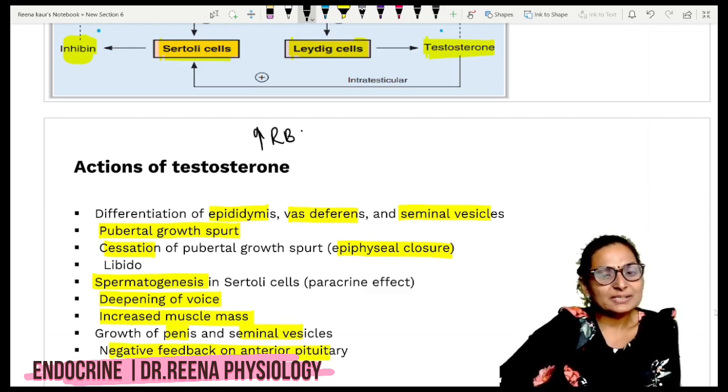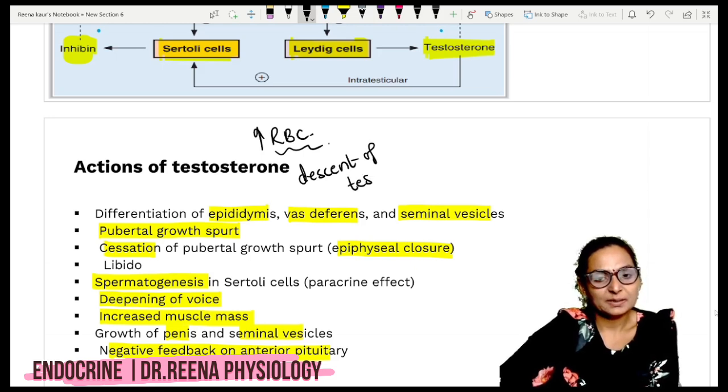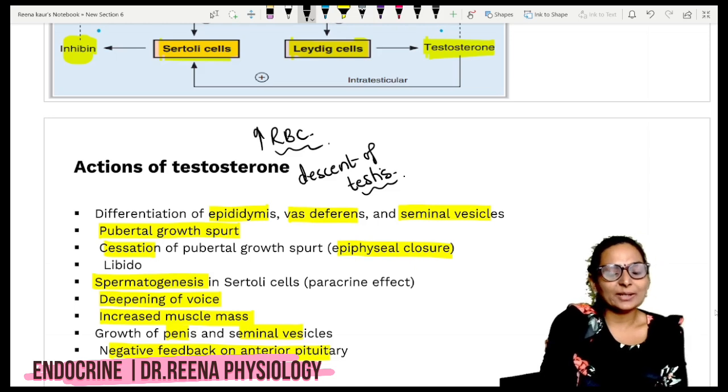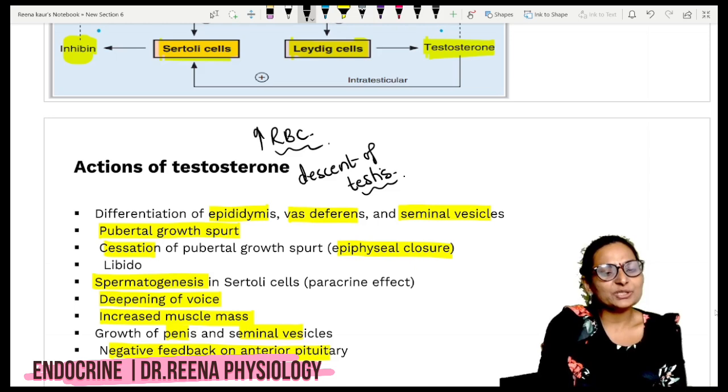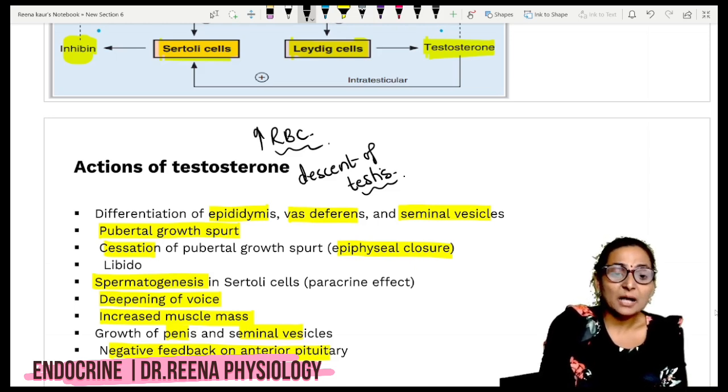It also increases RBC production, and it is also important in intrauterine life for the descent of the testis. So all the masculine features which develop at the time of puberty are under the control of testosterone.